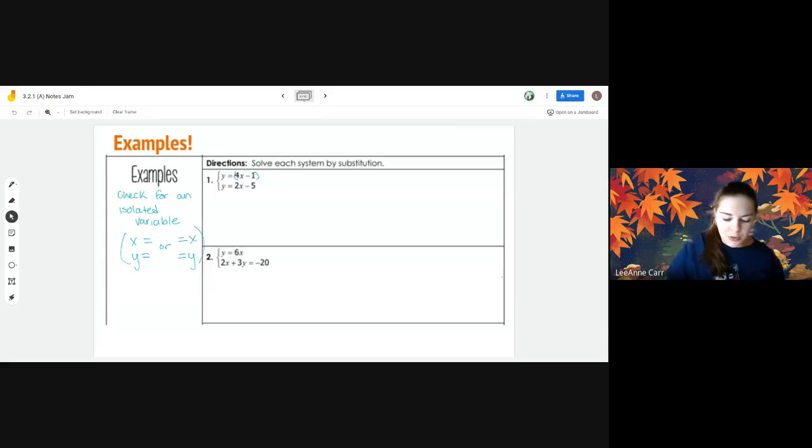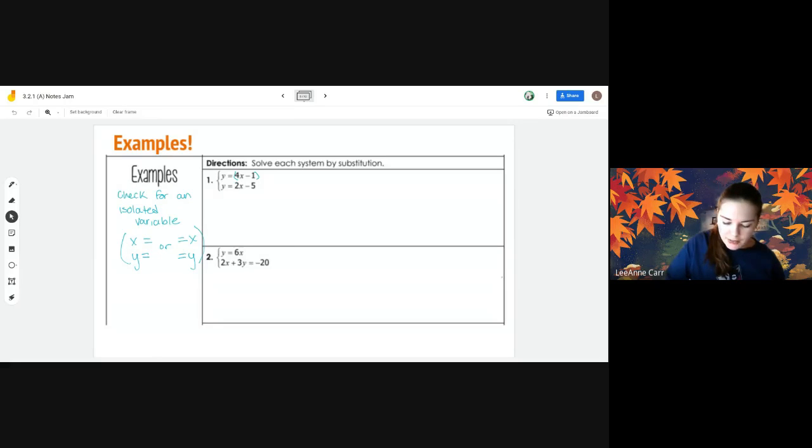So what I'm going to do, I'm going to pretend that 4x minus 1 is our substitute teacher for y. So I'm going to rewrite this second equation, but I'm not going to put y. Y is out sick. Instead, I'm going to replace it with its substitute, 4x minus 1. So I'm going to rewrite this equation.